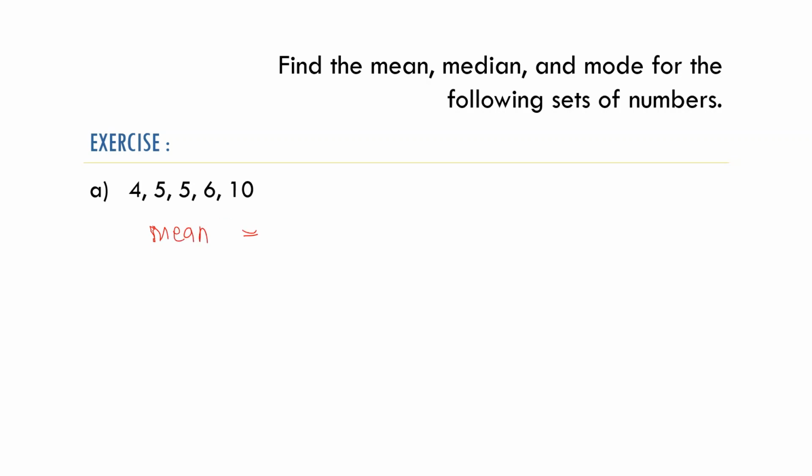Mean is equal to the addition of all the numbers: 4 plus 5 plus 5 plus 6 plus 10, divided by the number of data, which is 1, 2, 3, 4, 5. So I get 30 divided by 5, which is equal to 6.